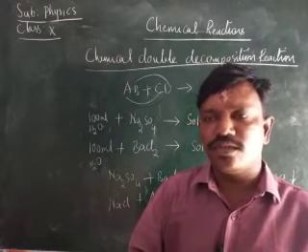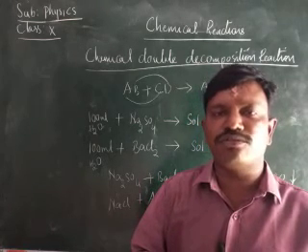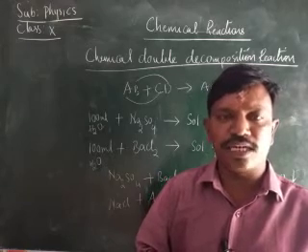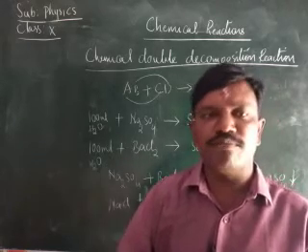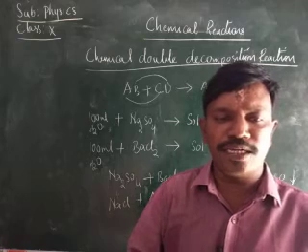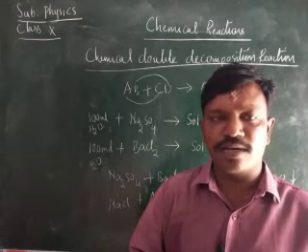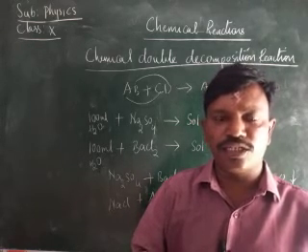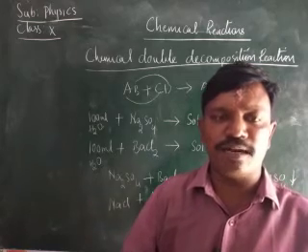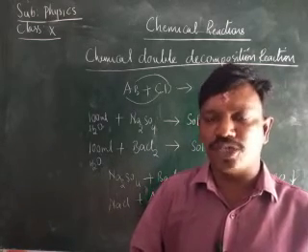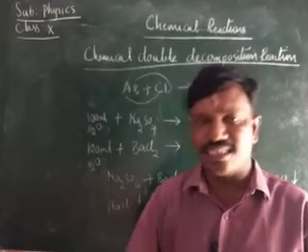Therefore by this we completed the 4 types of chemical changes and their examples, that is chemical combination, chemical decomposition, chemical displacement and chemical double displacement reaction. We have seen them with examples, children.